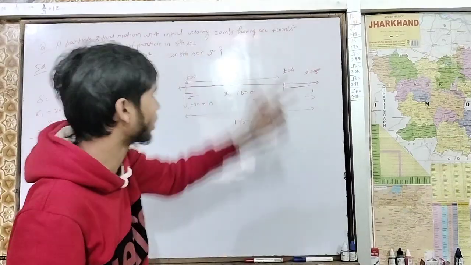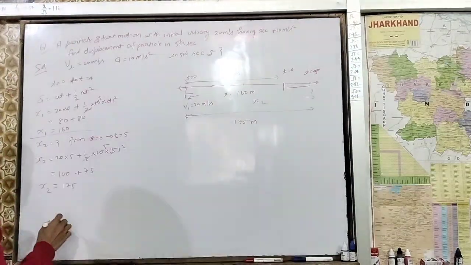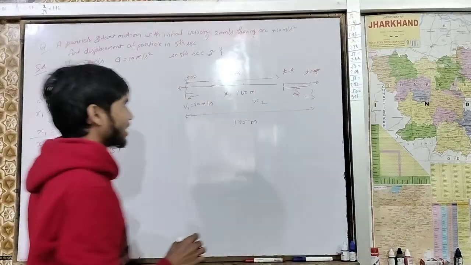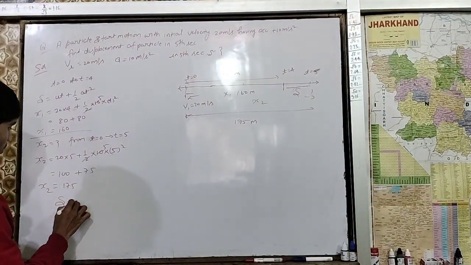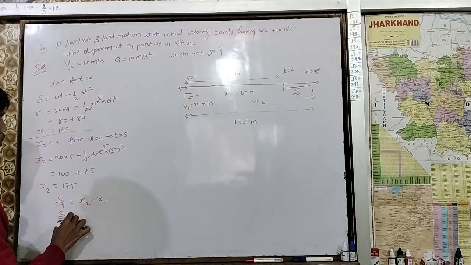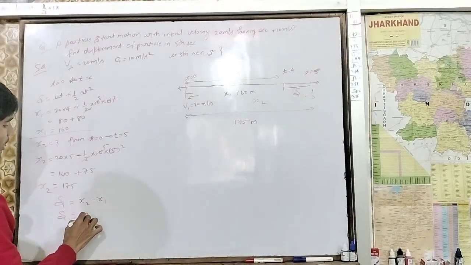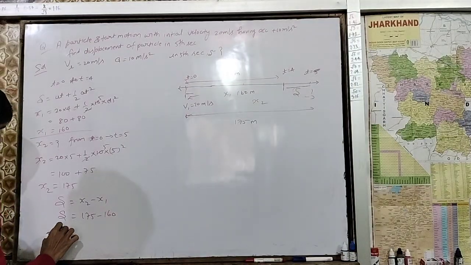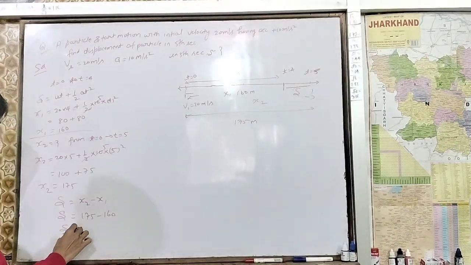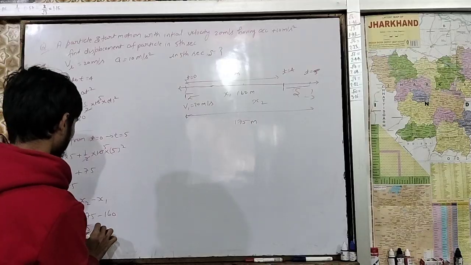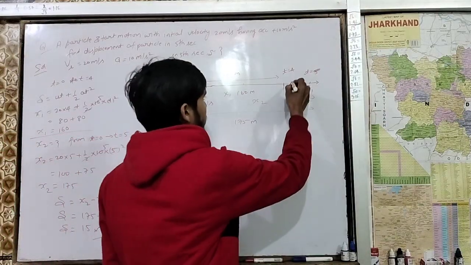We will get automatically this part. Let's say this is s. So s is equal to x2 minus x1. So finally x2 is 175 minus 160. S came out as 15 meter. I think so. This is 15 meter.